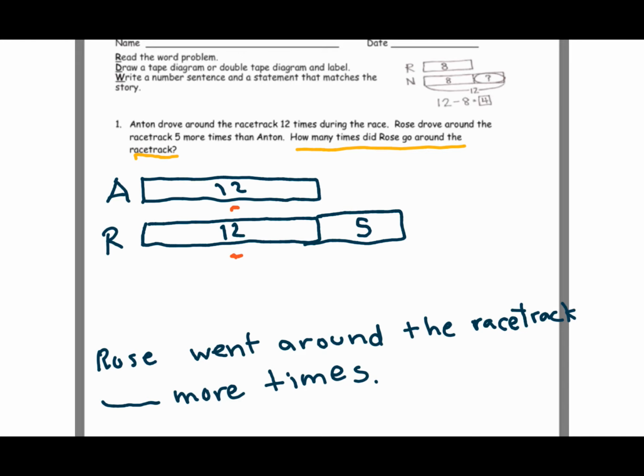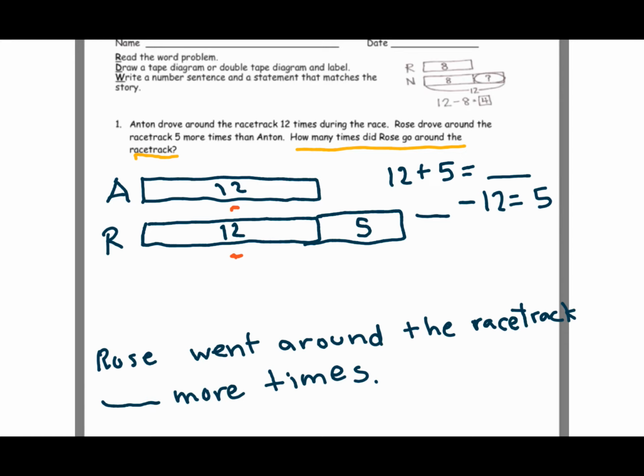So what number sentence can you write? Well, 12 plus 5 equals blank. Or you can write down blank take away 12 equals 5.